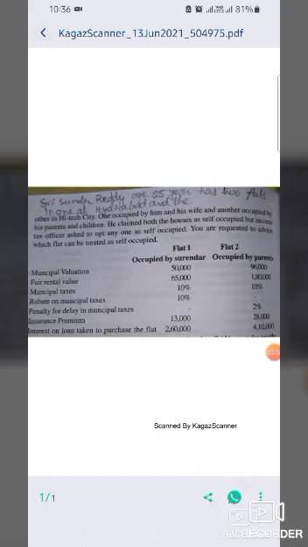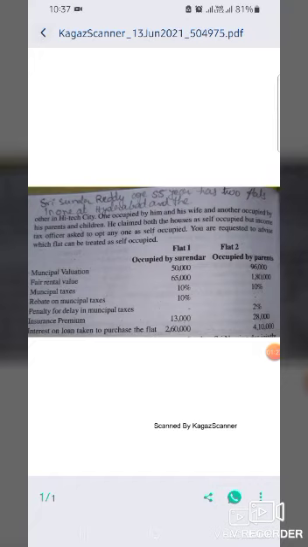Regarding penalty for delay in municipal taxes, there is no penalty for the first, but there is a 2% penalty for the second flat. Insurance premium is 30,000 for the first flat and 28,000 for the second. Interest on loan taken to purchase the flat is 2,60,000 for the first and 4,10,000 for the second.